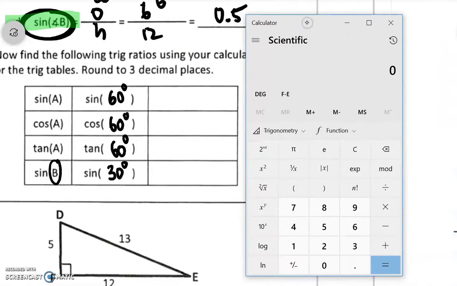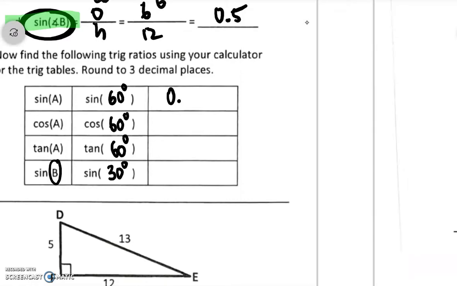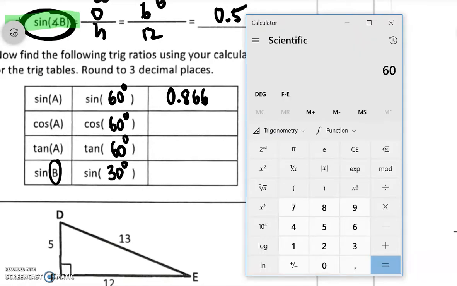Let's check it out. So 60 degrees, sine, look at that, 0.866. I'll just remember that. Cosine, let me clear that. So this is 0.866. And then we find cosine of 60 degrees. That's 0.5.